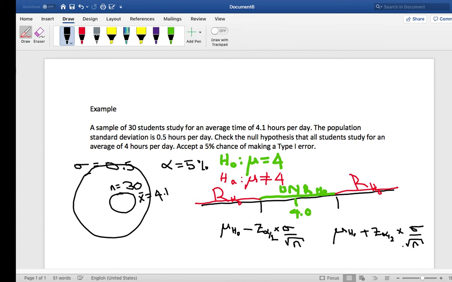We know what most of these things are. Mu of H0 is just the mean from the null hypothesis, which is just 4.